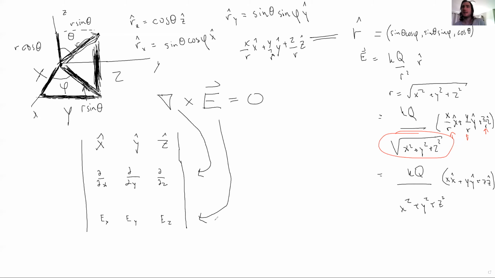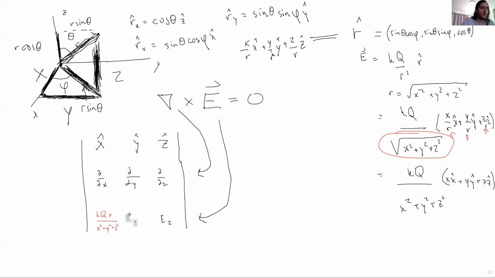Okay, but let's fill in each of those components now. For the x component, it is going to be kqx over x squared plus y squared plus z squared.